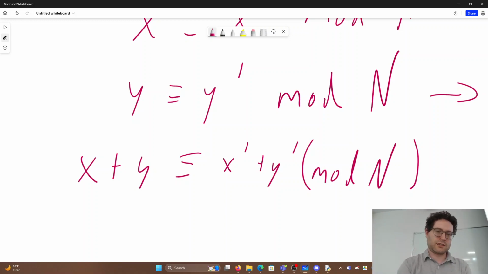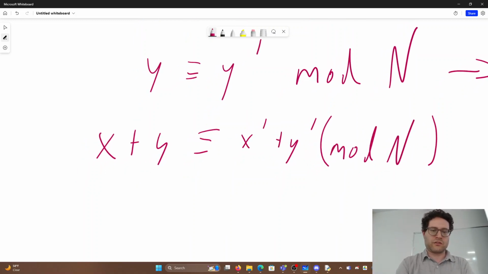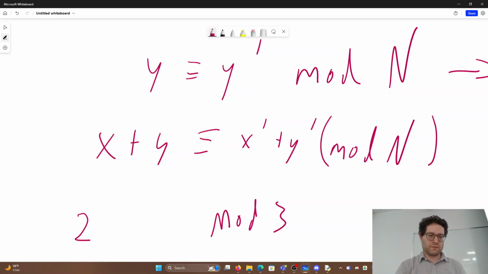Okay, let's talk about mod 3 again. I'm the kind of person who likes to see stuff, right? So 2 plus 1, that's going to be equal to 0 mod 3, right?